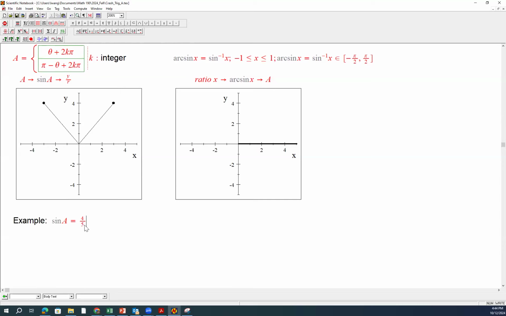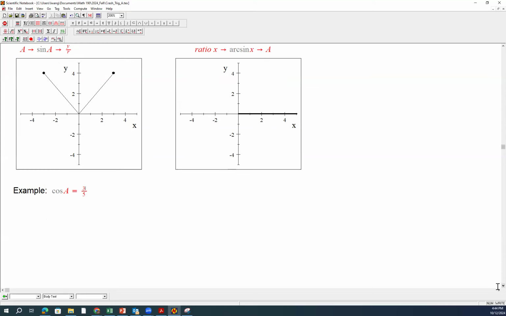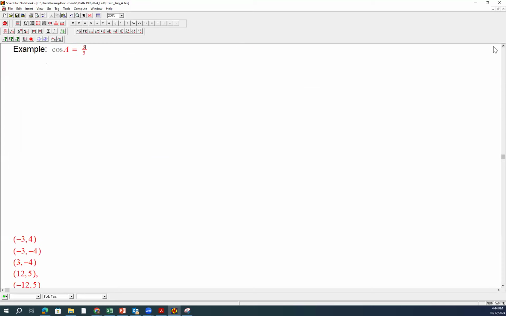The second example, of course, we're going to do cosine, okay? This time we know the cosine ratio, which is, I'm going to say 3 over 5, the number we are pretty familiar with, right? So for 3 over 5, the same trick, the same idea.